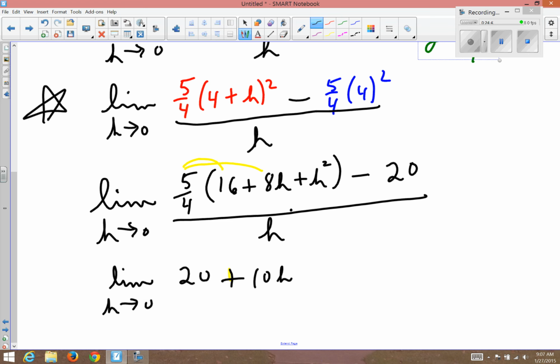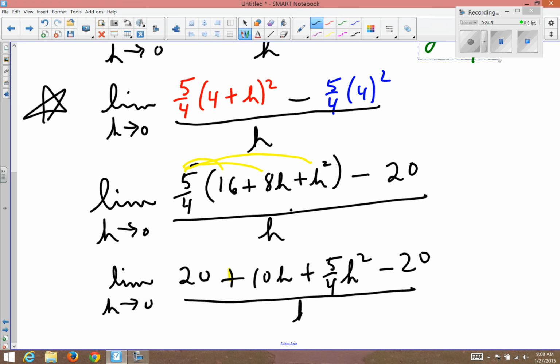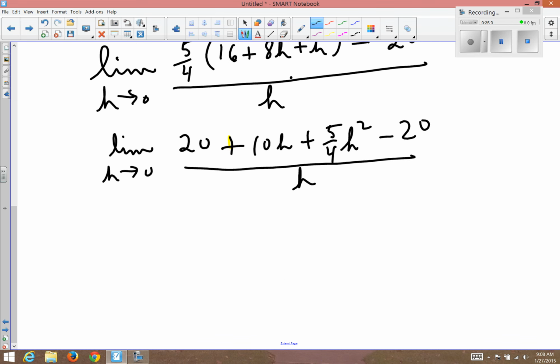Plus 5/4 times h squared. That's 5/4 h squared. Bring down the minus 20 and the over h. So we just distributed 5/4 so there's no parentheses anymore.